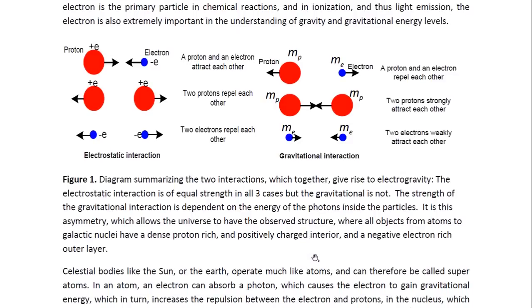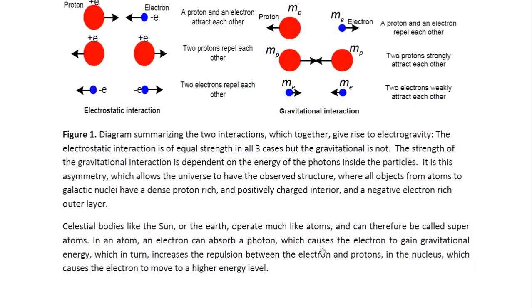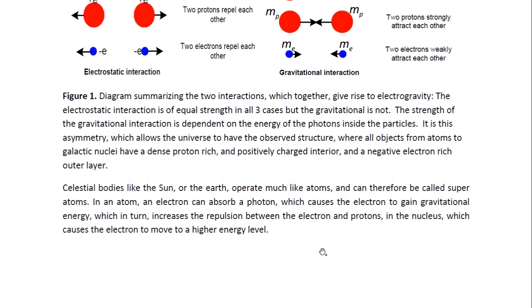So this leads to the observed structure we see in the universe, where all objects from atoms to galactic nuclei have a dense proton rich and positively charged interior and a negative electron rich outer layer. Celestial bodies like the Sun or the Earth operate much like atoms and can therefore be called superatoms.